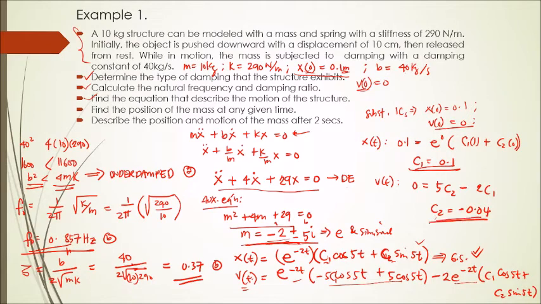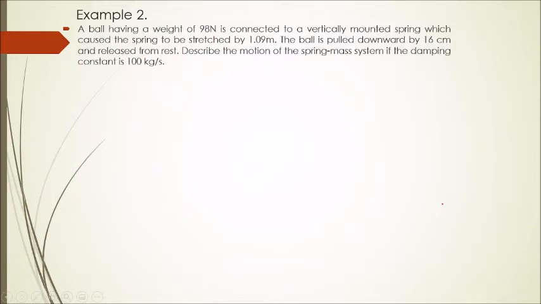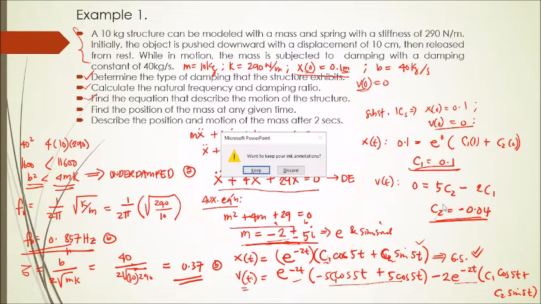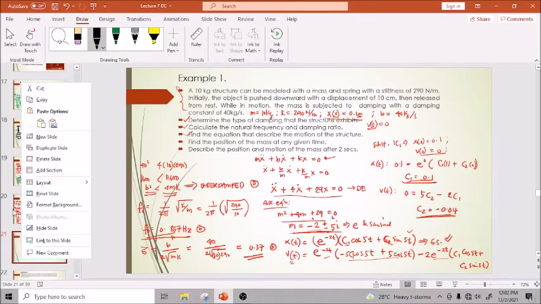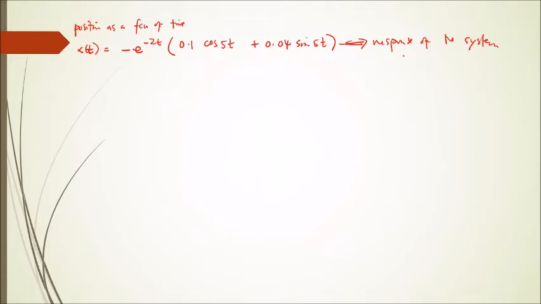Muna ni siya. And then our x of t now, or the new x of t. Hold on ha. I'll add a slide. So x of t, mag-una ni siya no, nakukuha na tag value of c1 and c2. This is now equal to negative e to the negative 2t times 0.1 cosine 5t plus 0.04 sine 5t. So this is the response of the system.